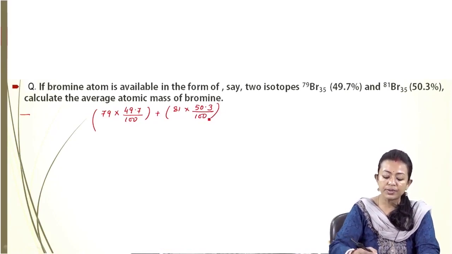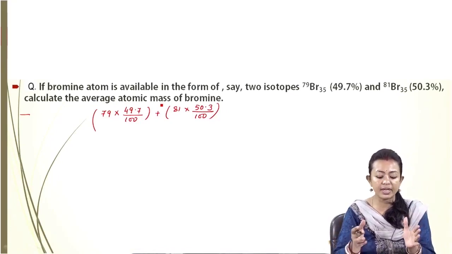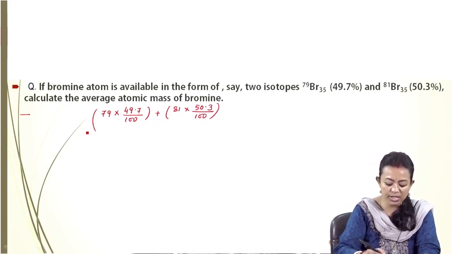Alright, now here it says that the total bromine that is available will consist of these two isotopic forms, out of which the 79 mass number would be of the range of 49.7%, whereas 81 mass number of bromine isotope will have a percentage of 50.3 out of the 100%. So let us calculate what it is going to be.